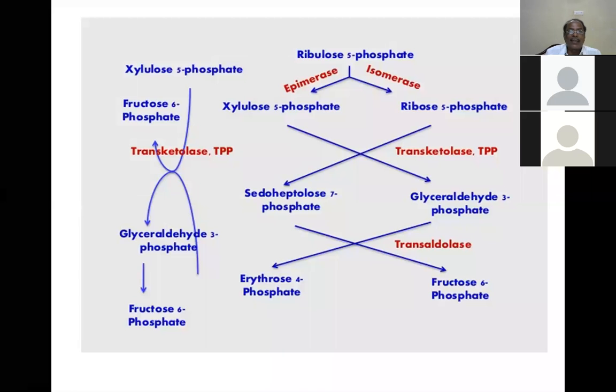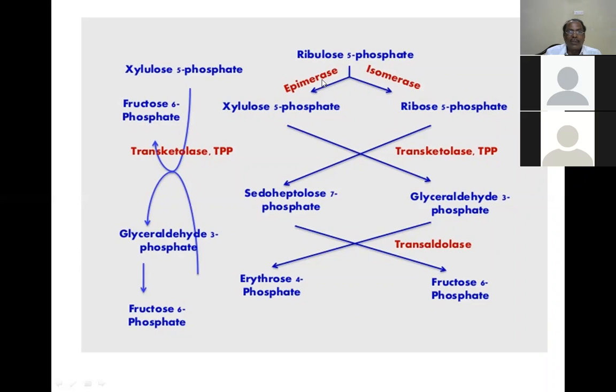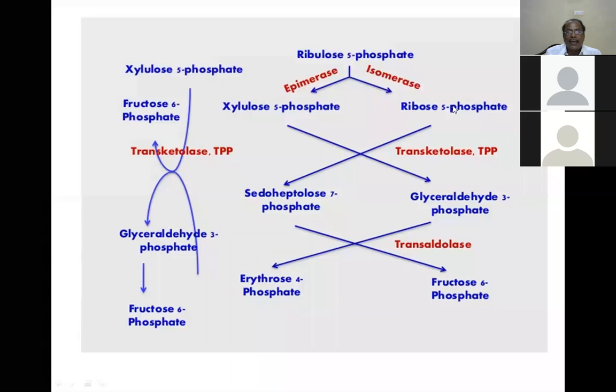This is what the epimerase does. So another ribulose 5-phosphate molecule, acted upon by epimerase, produces xylulose 5-phosphate. So you have one aldose and one ketose, acted upon by epimerase and isomerase.